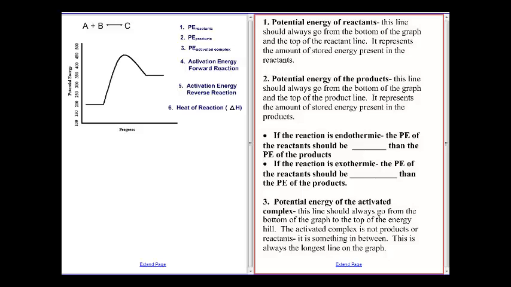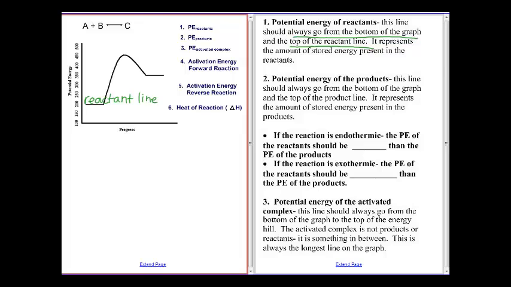Before a reaction begins, all you have are reactants. So the first line we're going to draw is a line to represent how much energy your reactants have. And if you look at the description, this line goes from the bottom of the graph to the top of the reactant line. This right here is your reactant line.